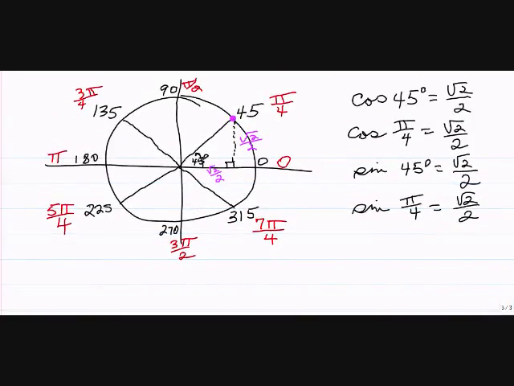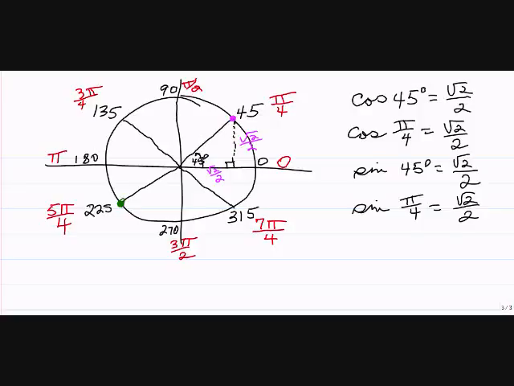Let's go down to 225. Which other lines? Oh, all the divisions that I've made around the circle? So I put them on there to help me figure out where things are on the unit circle.